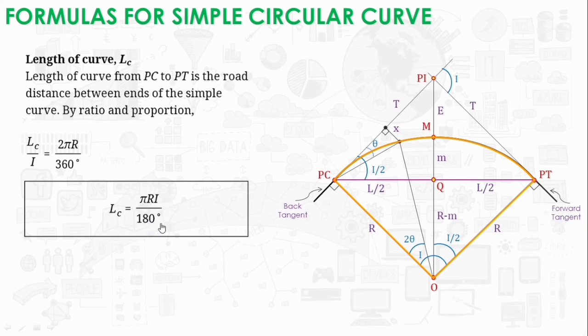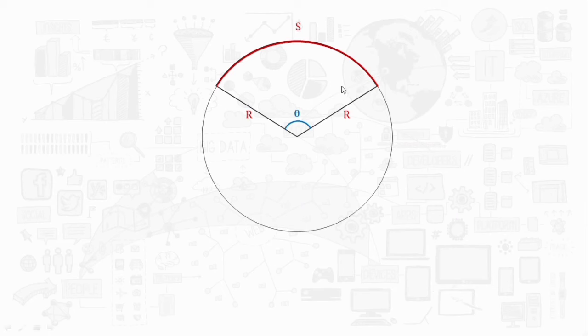We can also solve the length of curve using S equals R times theta. For example, considering this arc of the circle, S is the length of our curve, or the length of the arc, with radius R and central angle theta.